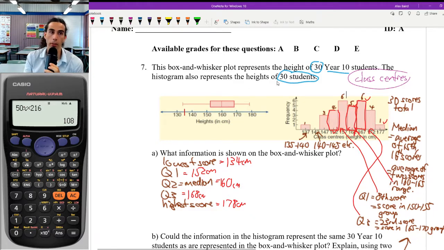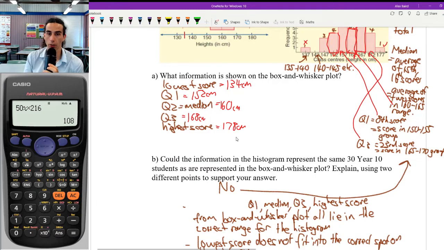But there's only one thing that I found that didn't make sense, was here. This is like 134, but this range is 135 to 140. Those two things cannot match up. So that's why I said for the second question, could the information in the histogram represent the same 30 year 10 students?